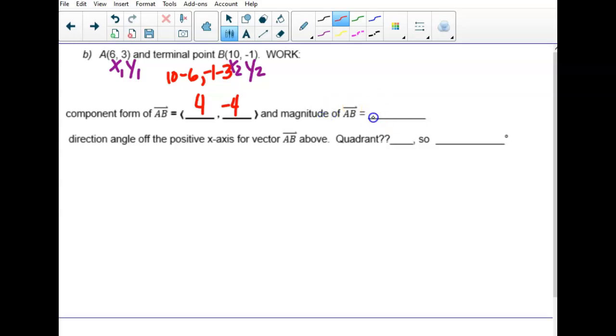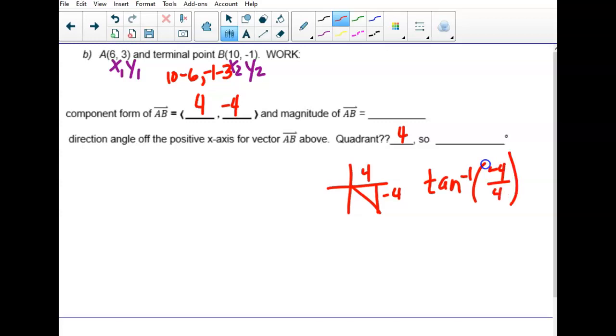But you can do magnitude. I'm going to trust you to do that. 4, -4 is actually in quadrant 4. So when you do inverse tangent of -4 over 4, I think it's going to give you -45 degrees, which would be okay. Or what would you add if you wanted to say it's in quadrant 4?